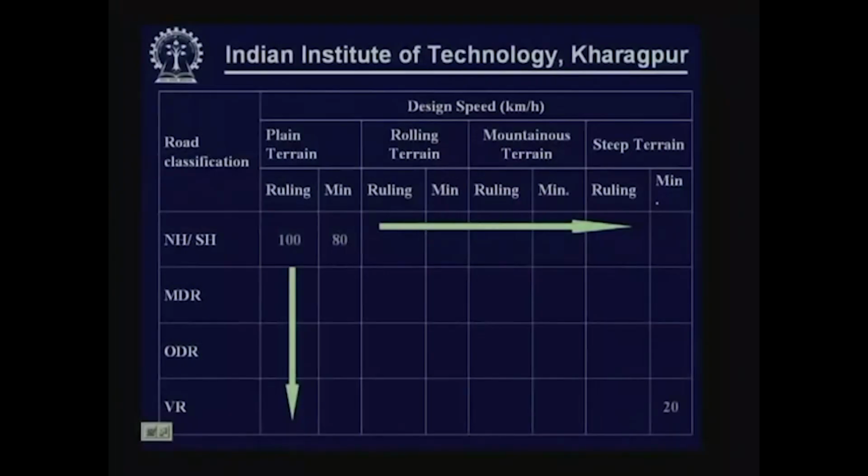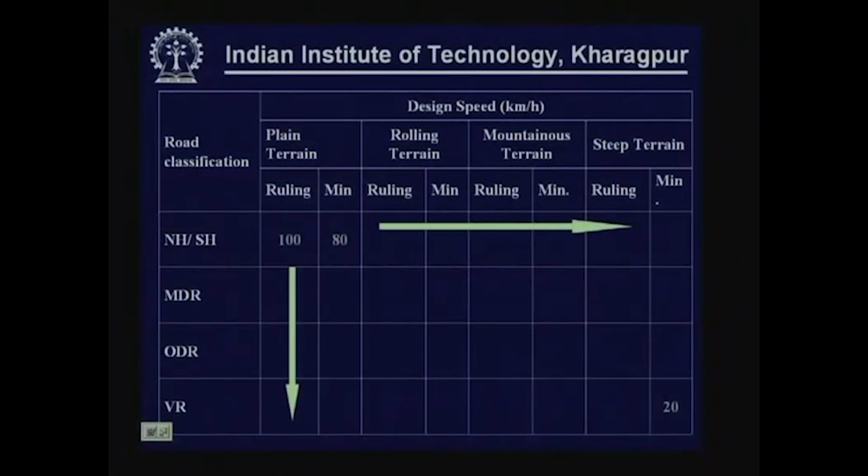I have not yet discussed the terrain classification. So, we will take up that component after our discussion about design speed. Here again, terrain wise, as we move from plain terrain, which is a smooth terrain, to a difficult terrain, there is a reduction in the design speed.